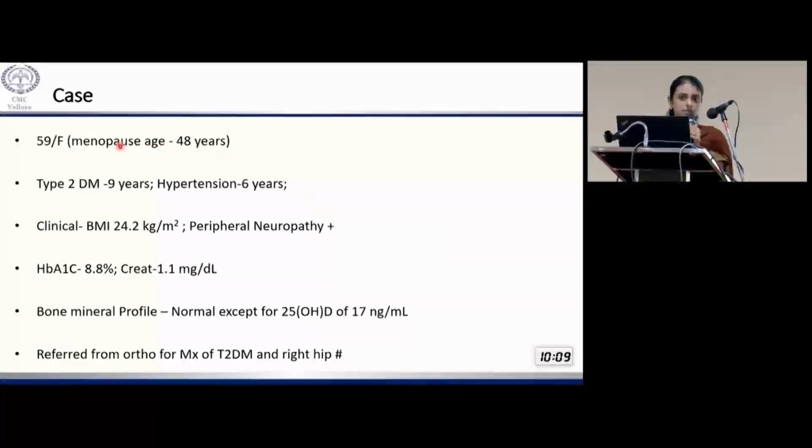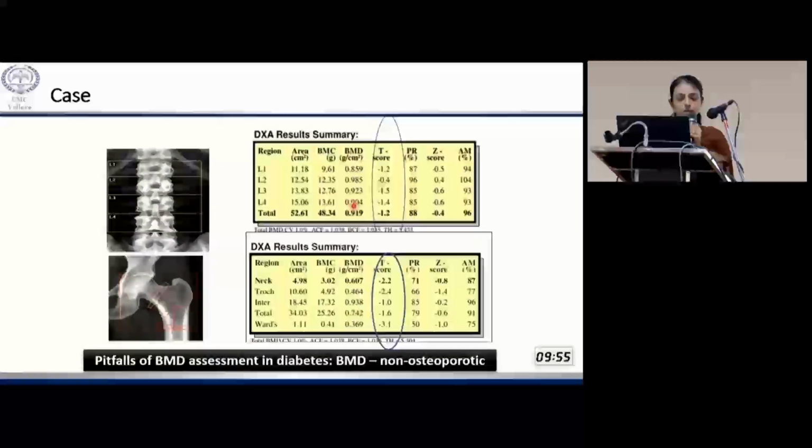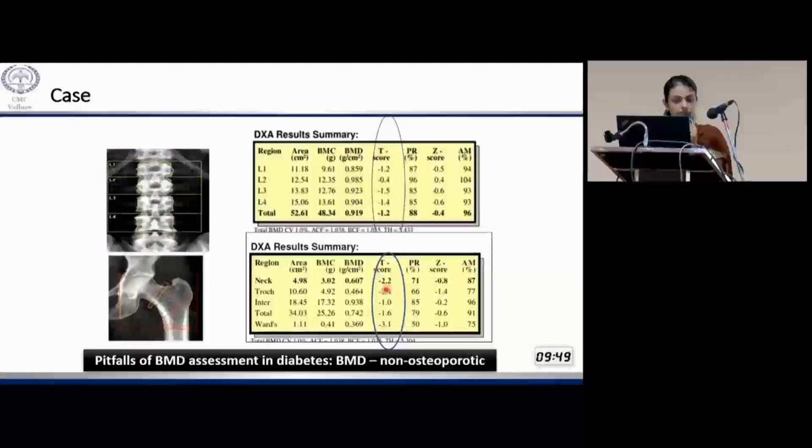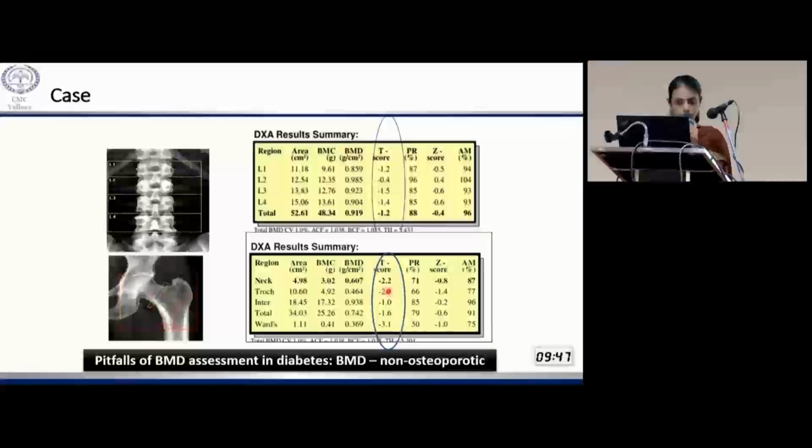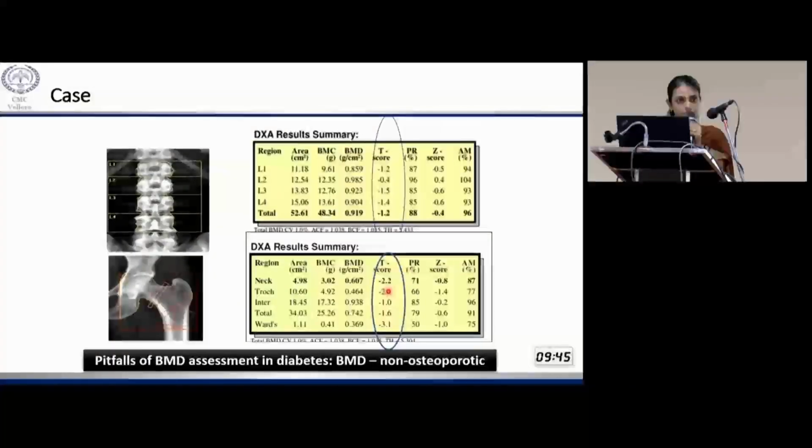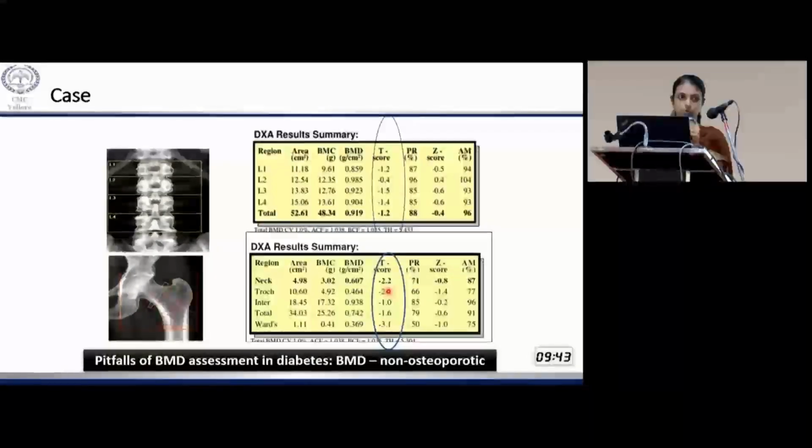So to illustrate my point further, this is a 59-year-old lady who was known to have uncontrolled diabetes. She was referred to us from ortho after surgery for a right hip fracture. So when we looked at her BMD, at the lumbar spine it was minus 1.2, and at the neck of the left femur it was minus 2.2, both being BMDs in the non-osteoporotic range.